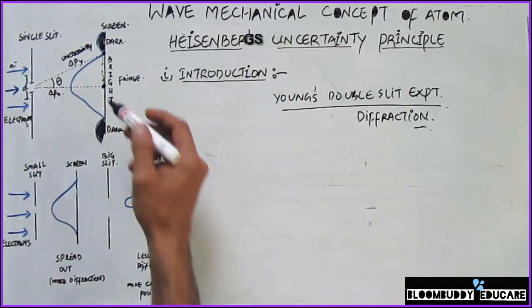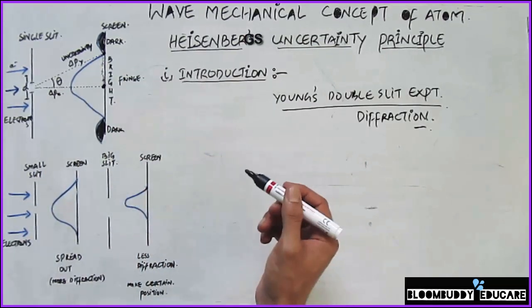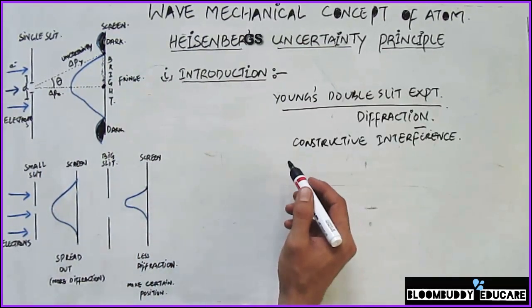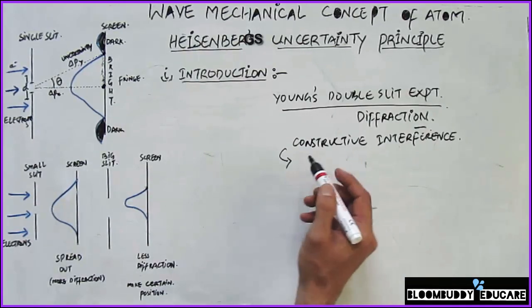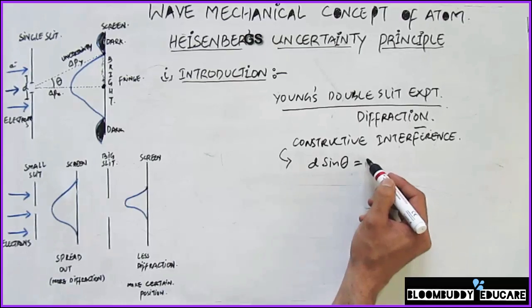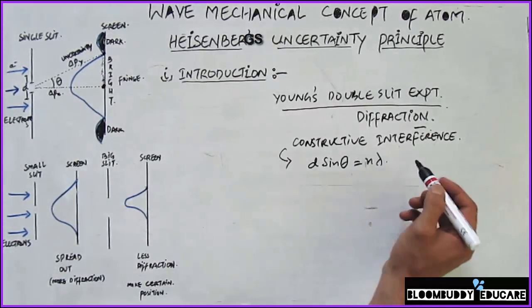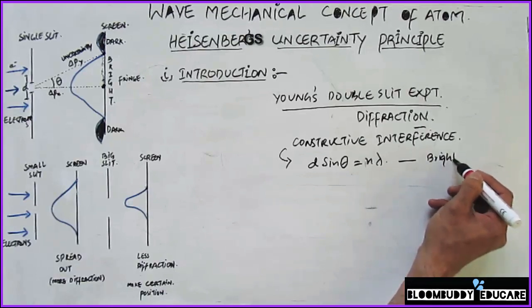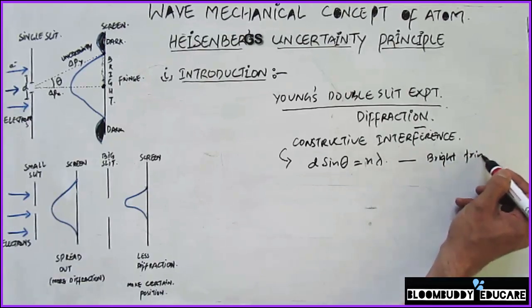In this bright spot, there is going to be constructive interference. This can be represented by the equation d sine theta is equal to n lambda, and this is always the bright spot or the bright fringe.